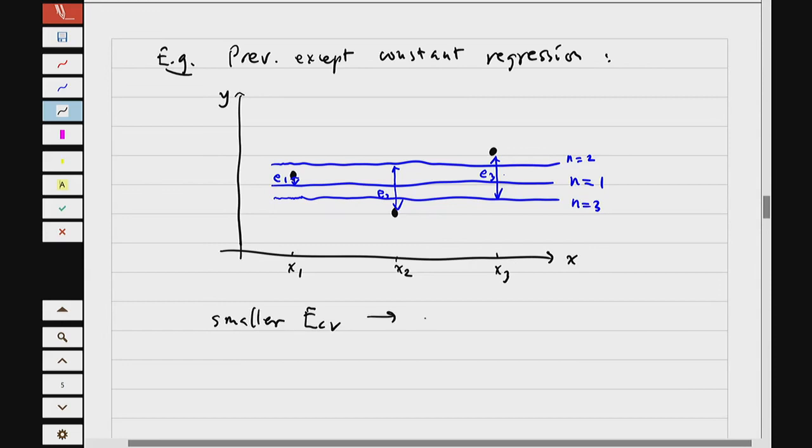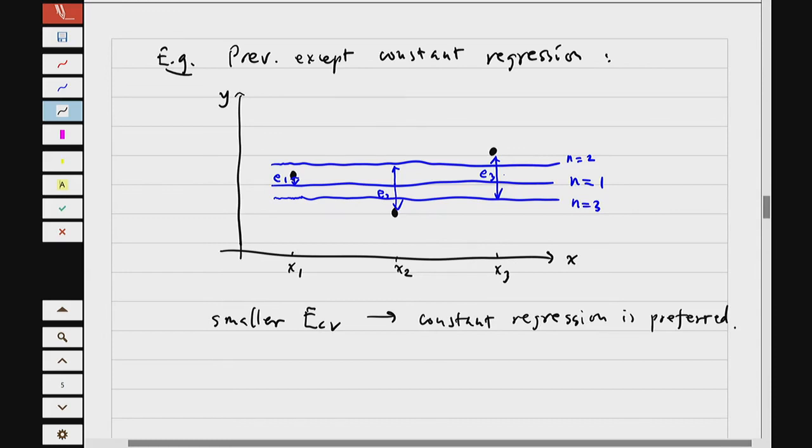So constant regression is preferred. Okay. This is assuming that you believe that this cross-validation error is a good measurement of the test error, right? So is that true or not?